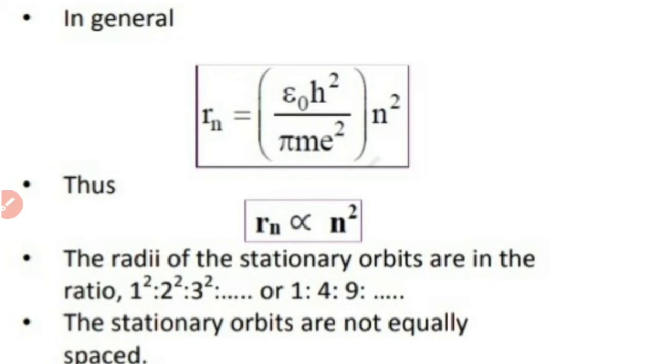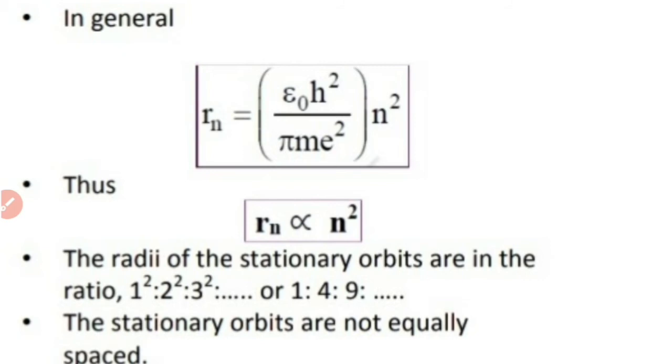The quantity given in bracket is constant because epsilon 0 is constant, h is constant, m is the mass of the electron, and e is also constant. So that quantity within the bracket is constant, that into n square, which means that the radius of the electron is directly proportional to the square of that n. That n we call the principal quantum number, or we can state Rn is proportional to n square.